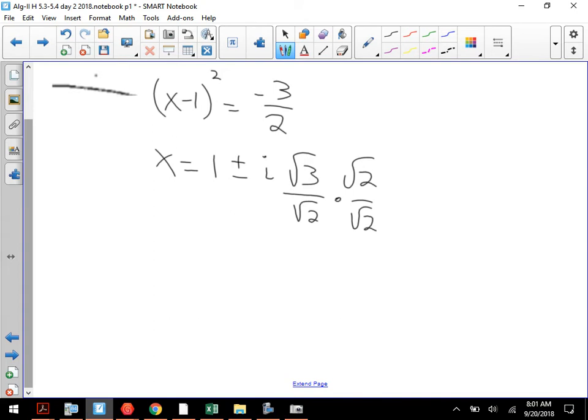So your final, I'm sorry, were you guys okay with me moving the 1 and doing all that in one step? I just kind of said it really quick, and nobody said anything about it. Was everybody okay with that? I just kind of skipped a few things. So now your final answer would be x equals 1 plus or minus i√6 all over 2. Just that portion.